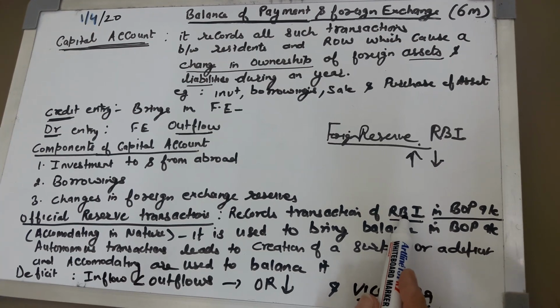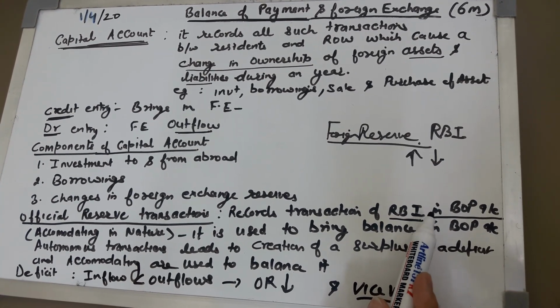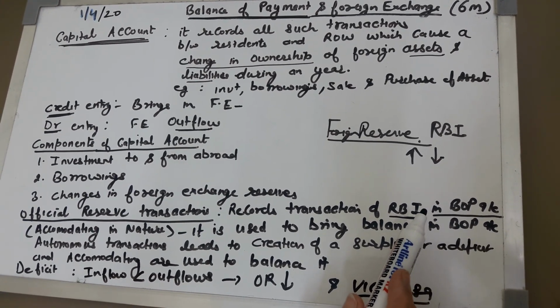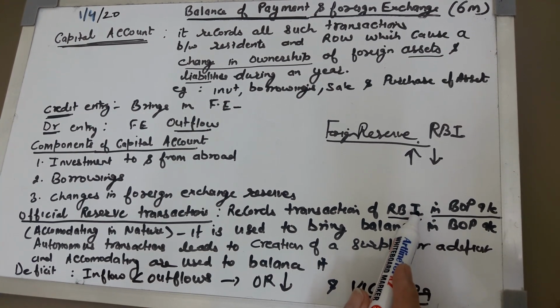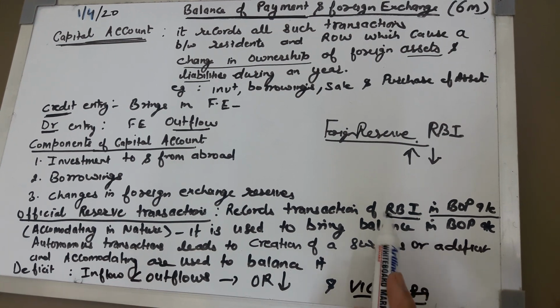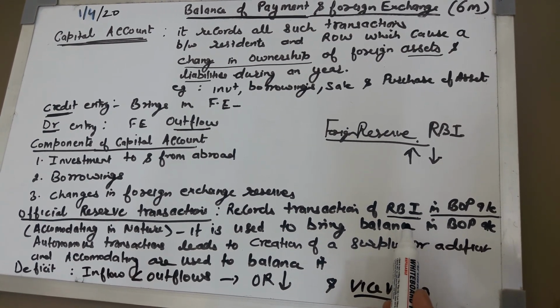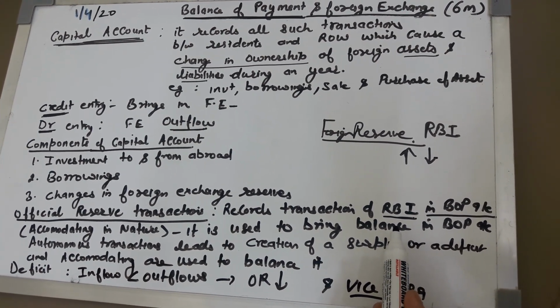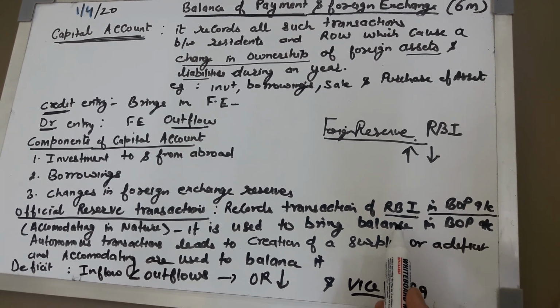And when does RBI do these changes? When either the total balance of payment is having a surplus or a deficit. I have earlier also told you that net BOP should always balance like your balance sheet.